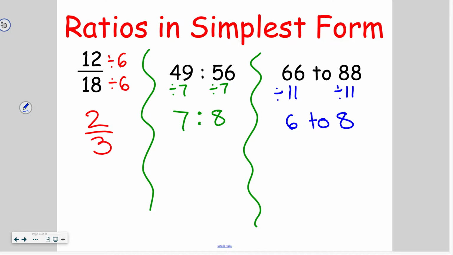I can continue to reduce that one by dividing both of those by 2, giving me a final answer of 3 to 4. So making sure that you are reducing those quantities as far down as possible. Same thing as when you simplify fractions.